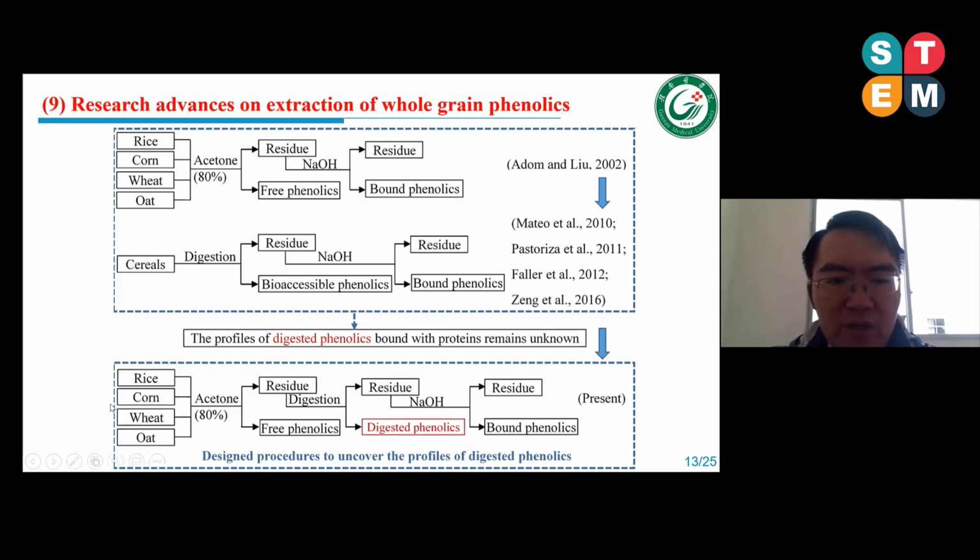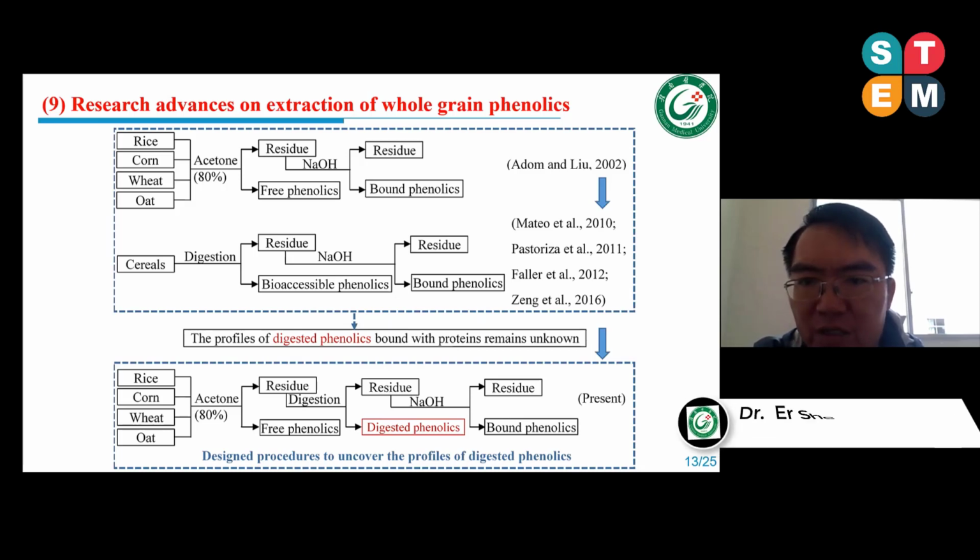Most of the in vitro digestion treatments were conducted directly on whole grain products without the extraction of free phenolics. So the bioaccessible phenolics contained both free phenolics that survived digestion and the phenolics released by digestion.